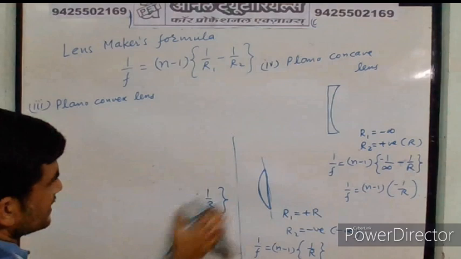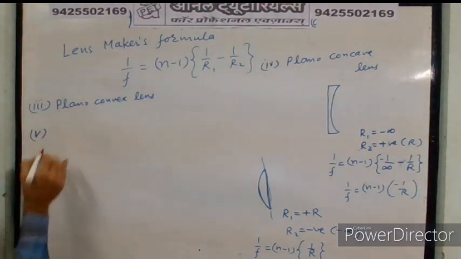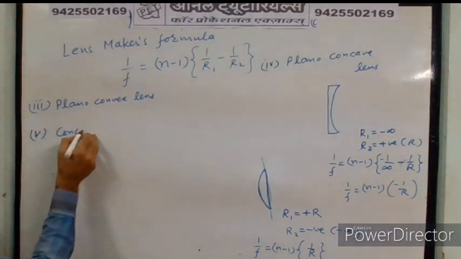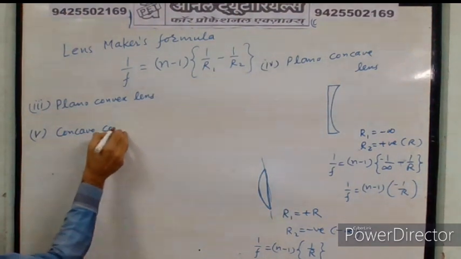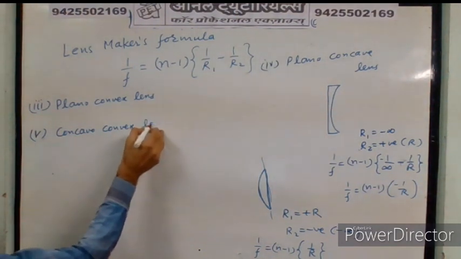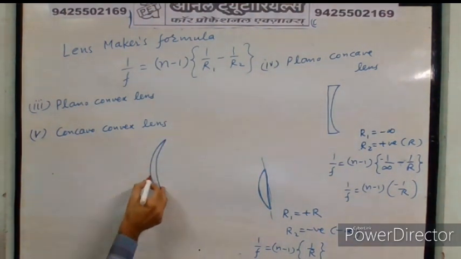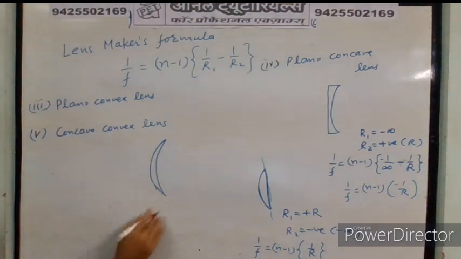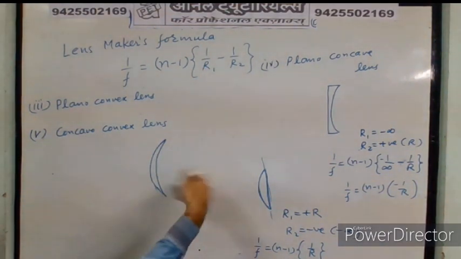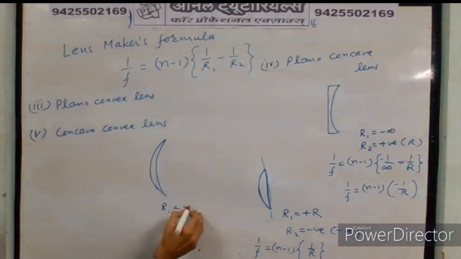And for the last one more, we will take a convexo-concave lens and a concavo-convex lens. We have a concavo-convex. Here I took both the radii on the right side, meaning R1 is positive and R2 is also positive.